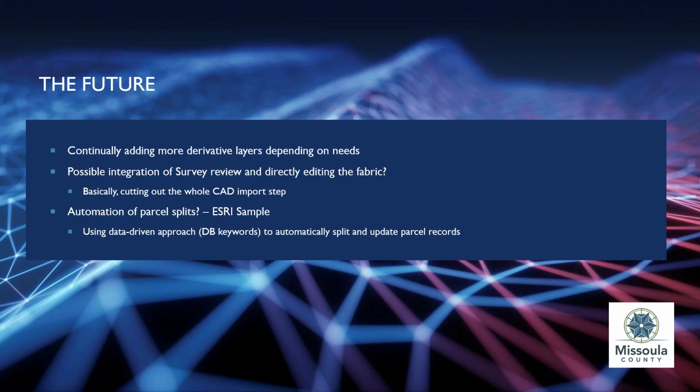In that sample, it took a database keyword, I think it was split or something like that, and it was able to match what parcel it was, and automatically split the parcel based on those keywords, and just update it automatically. So we're investigating that kind of stuff too.